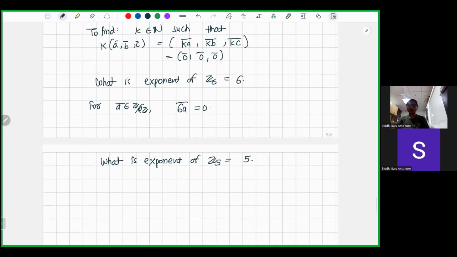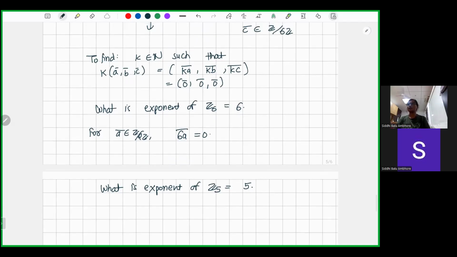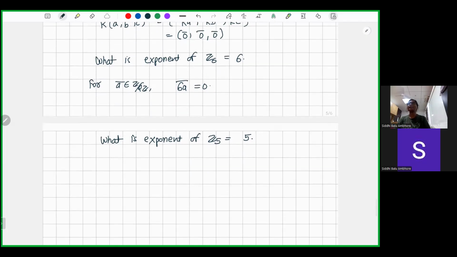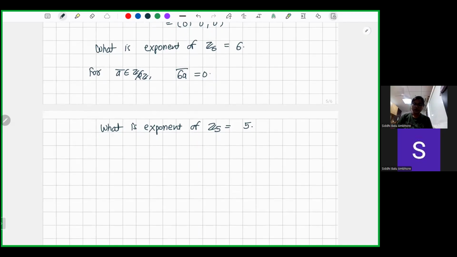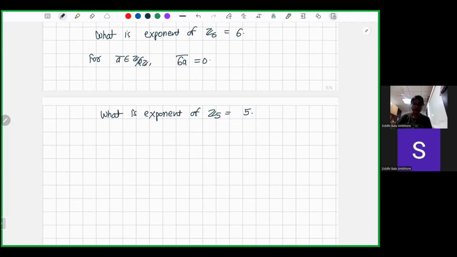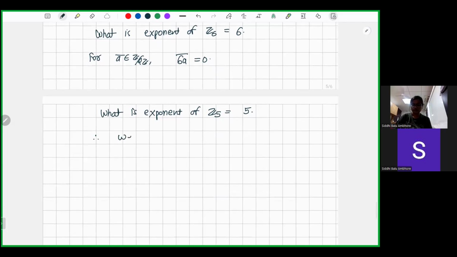If I want a number which makes all three of a bar, b bar and c bar become 0 when multiplied by K, it needs to be the least common multiple of these numbers, 6 into 5, that is 30.